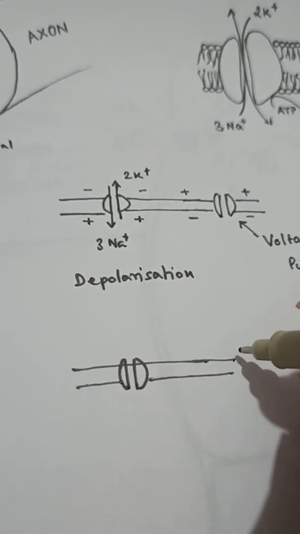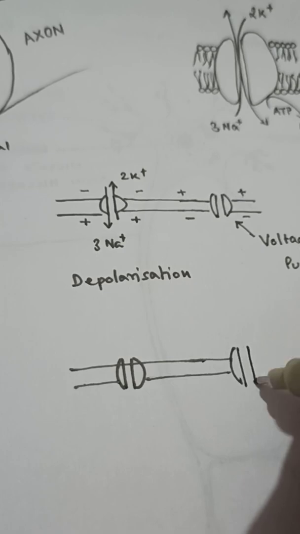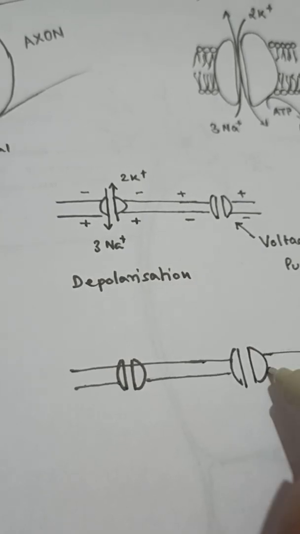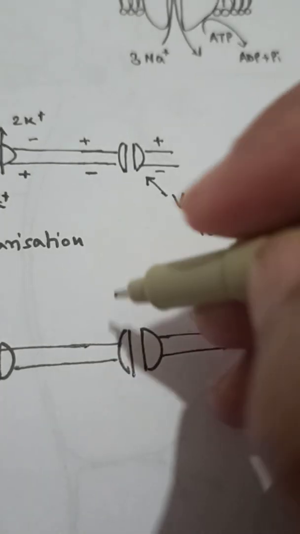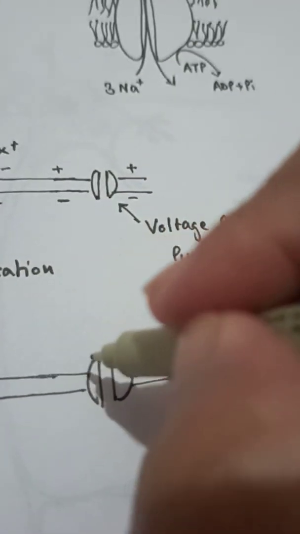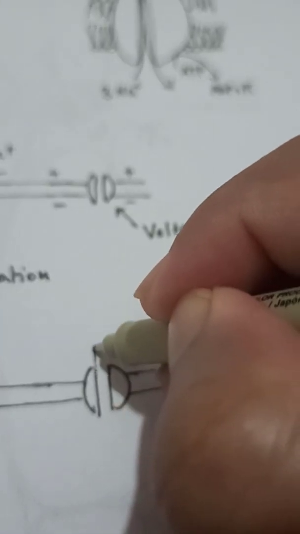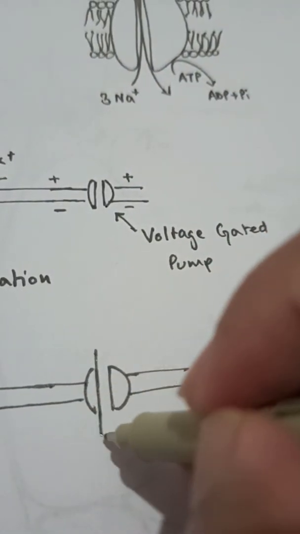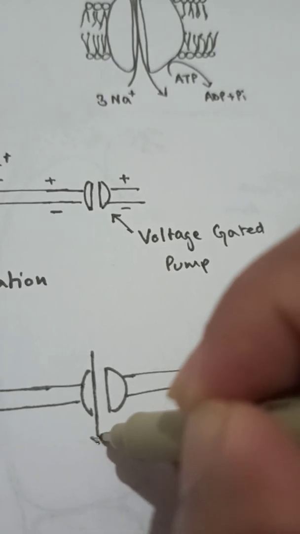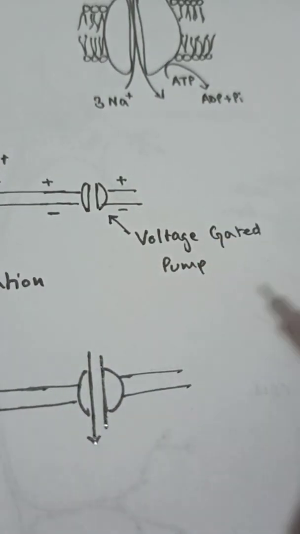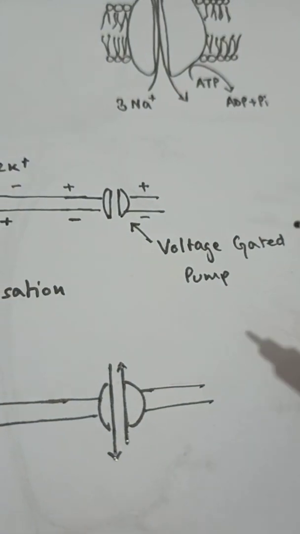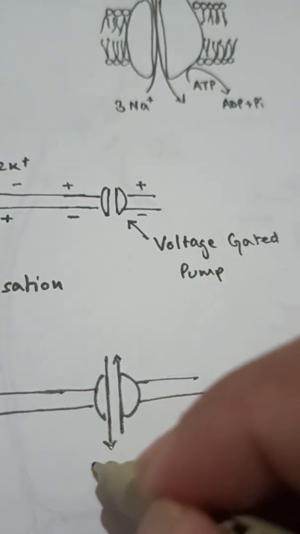So this depolarization will now trigger this other molecule to, first of all, though, again sodium is going to push inside, okay, and potassium is going to move outside. Means whatever sodium is there, it will be pushed inside.